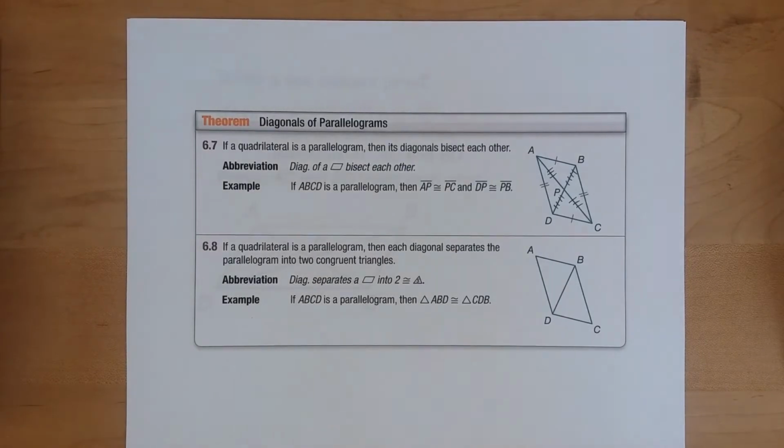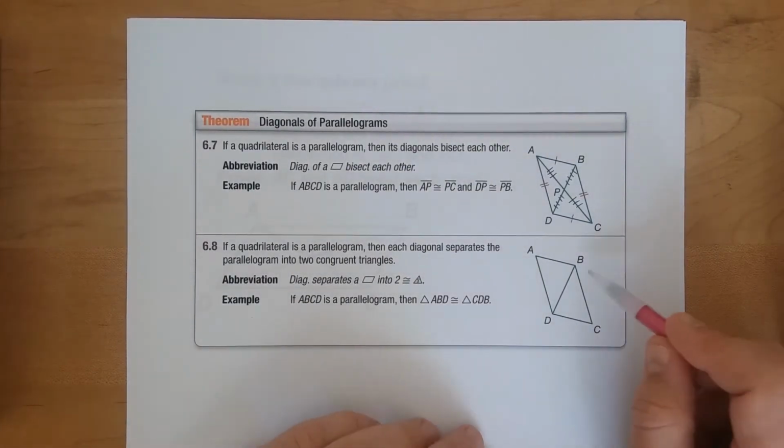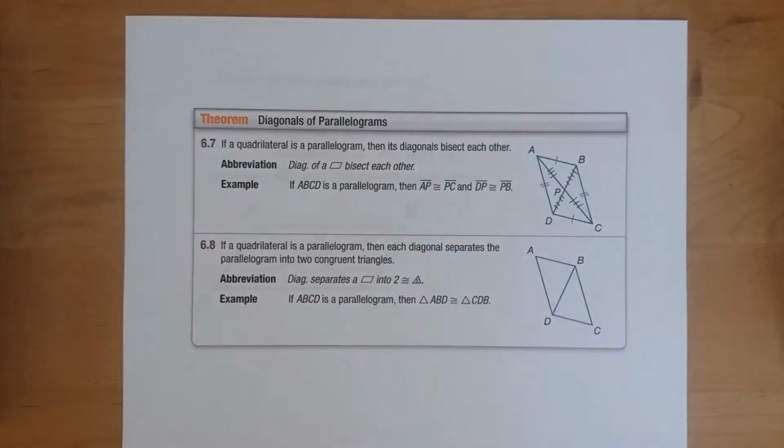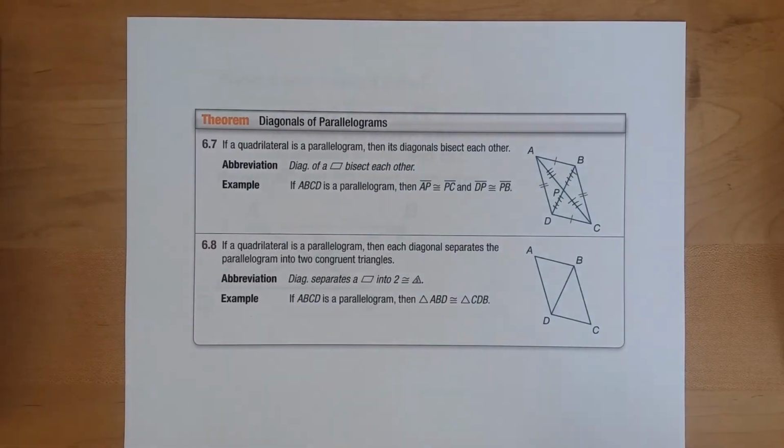And if you draw one diagonal in a parallelogram, like I suggested earlier with the Legos, then you actually separate the parallelogram into two congruent triangles.